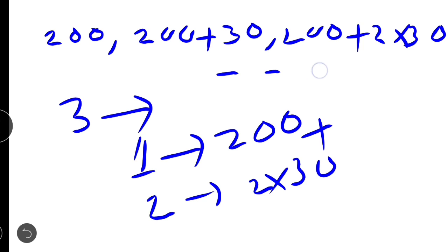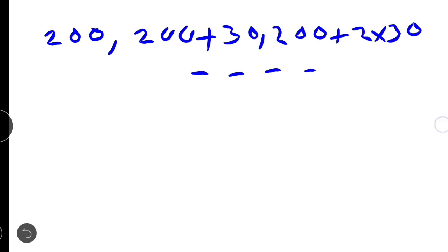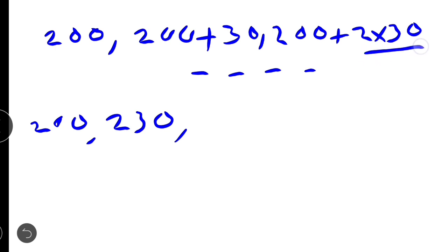So this sequence will continue. Let's simplify this. 200, 200 plus 30 is 230, 200 plus 2 into 30, 2 into 30 is 60, so 260, and so on.